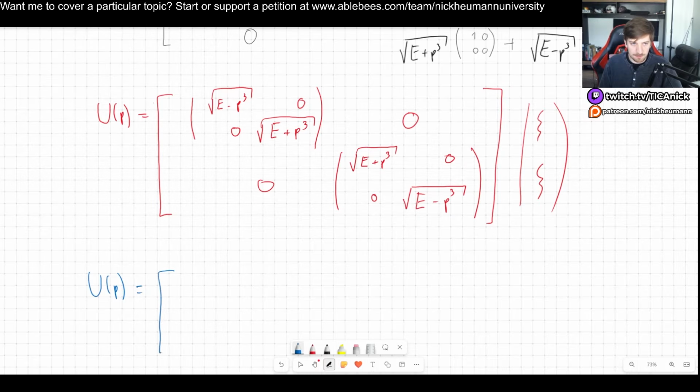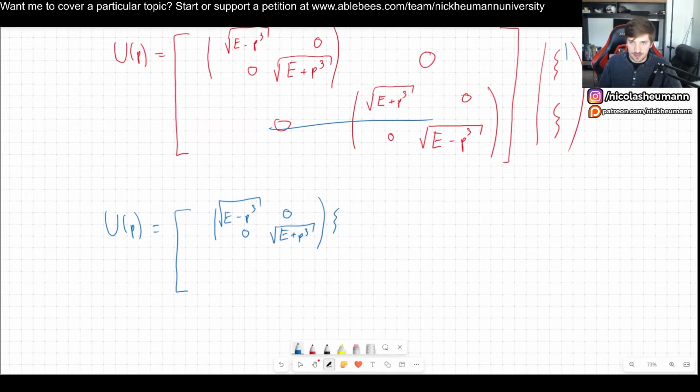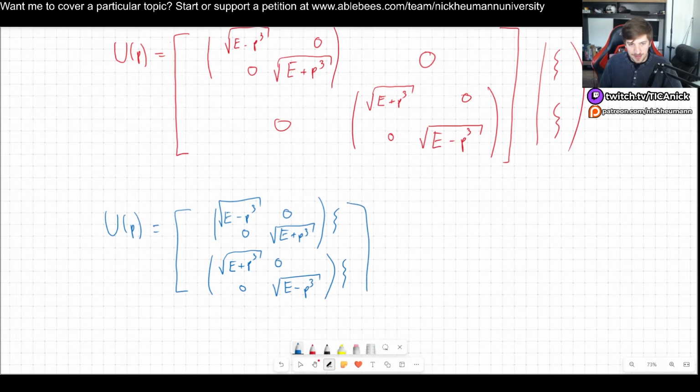So this is now this times that thing, so this times this means we get simply our little matrix here, so square root of E minus P3, 0, 0, square root of E plus P3 times chi outside, and then underneath we get this times this, which is simply going to be square root of E plus P3, 0, 0, square root of E minus P3 times chi, and this thing.